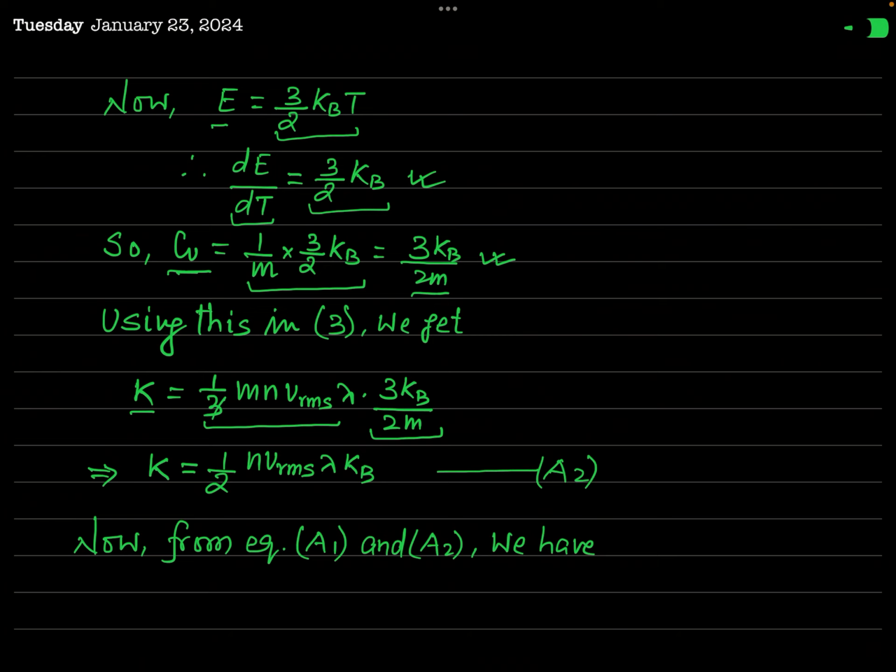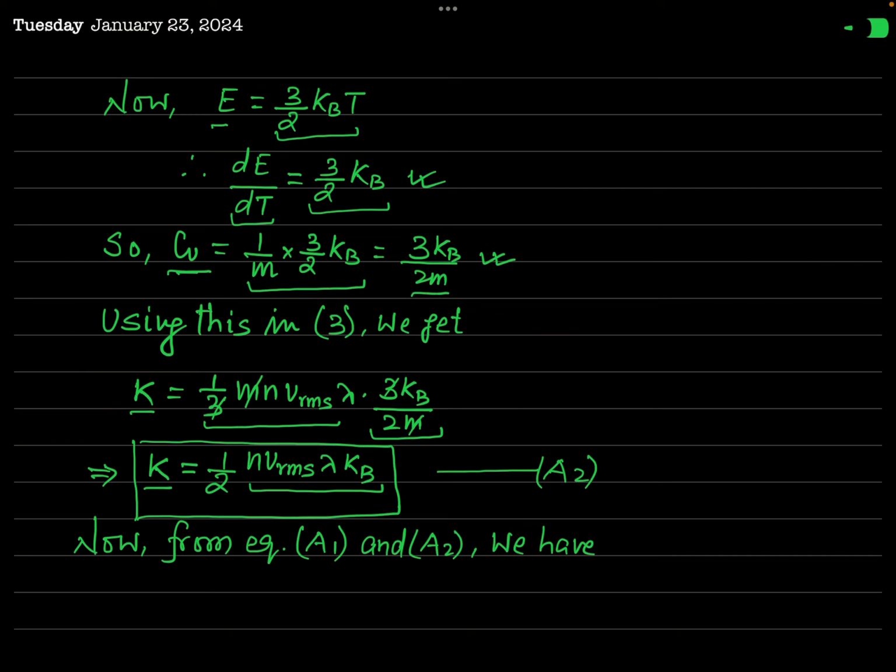Now you can see this 3 and this 3 cancel out, this m and this m also cancel out, and so K is equal to 1 over 2 n Vrms lambda kB. This is our final expression for the thermal conductivity of metals, obtained on the basis of Drude theory applying the kinetic theory of gases.